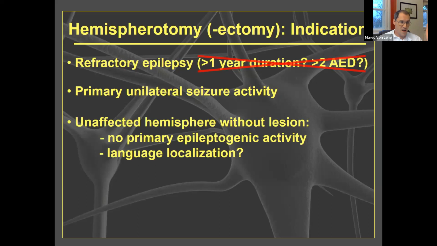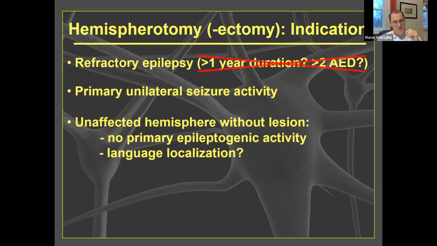We need an unaffected hemisphere, which might be more complicated to see, without any epileptogenic activity when you have a large, pathological hemisphere on the other side. So the EEG has some spreading from the affected hemisphere to the healthy hemisphere. This is, let's say, challenging for the epileptologist.